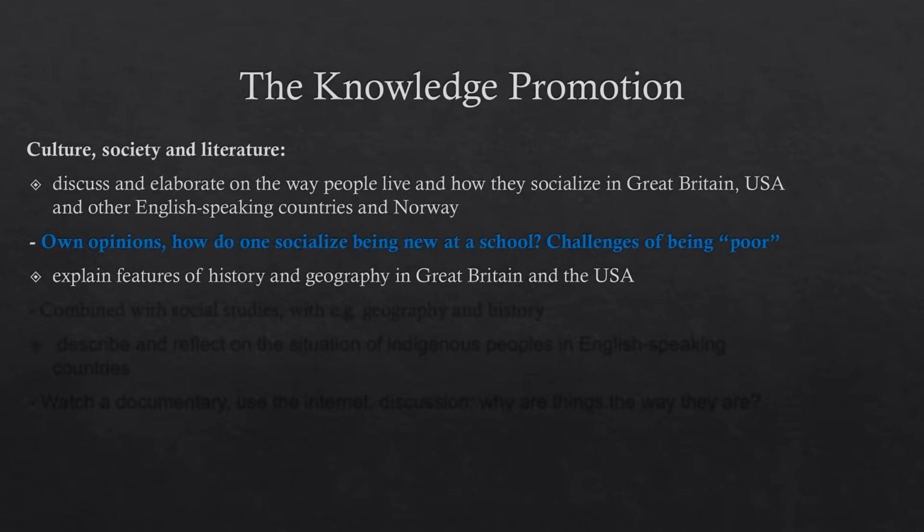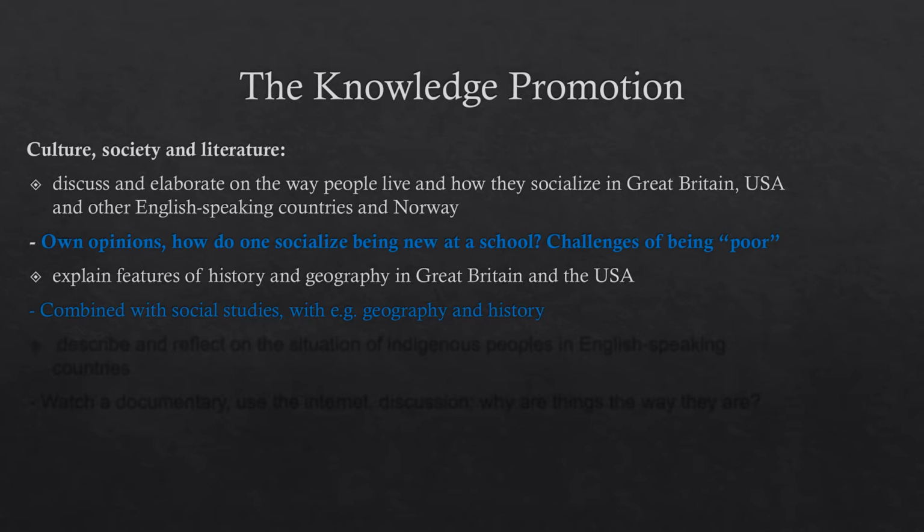The next aim: explain features of history and geography in Great Britain and the USA. Well, I would combine reading this book with social studies, because geography and history are important factors before reading this book. What are Indians? Why do they live in reservations now? What's the history behind this? Where are they?